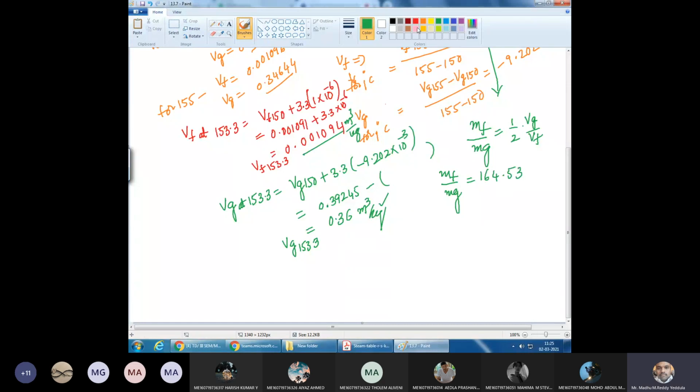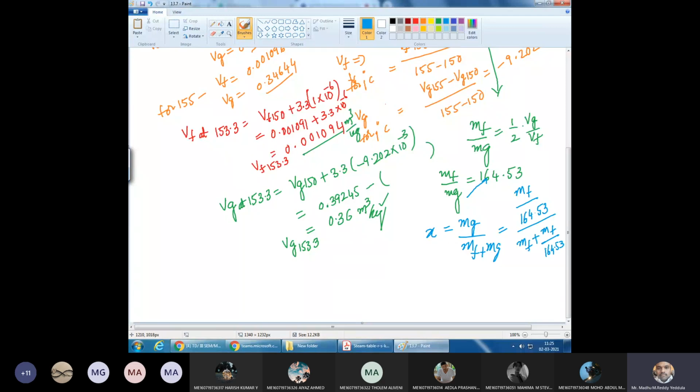Now, how to define dryness fraction? Dryness fraction X is equal to mg by the mixture, MF plus mg. So mg value we don't know, but here you can write mg in terms of MF. Mg is equal to MF by 164.53, and MF you keep as it is, plus mg written as MF by 164.53.